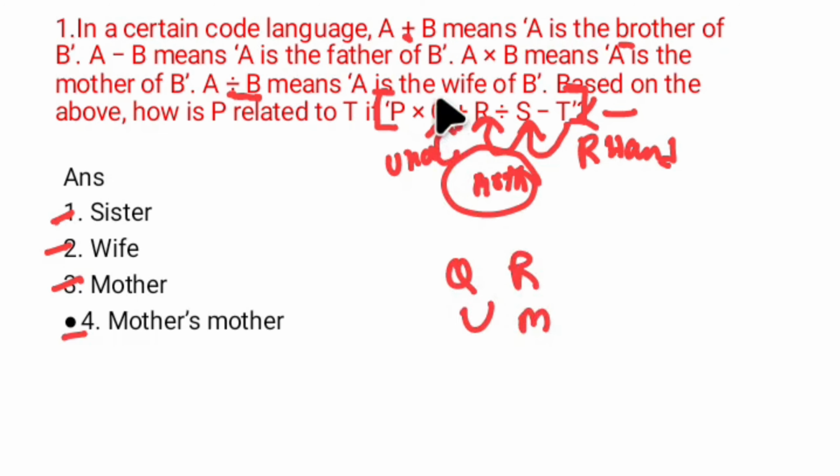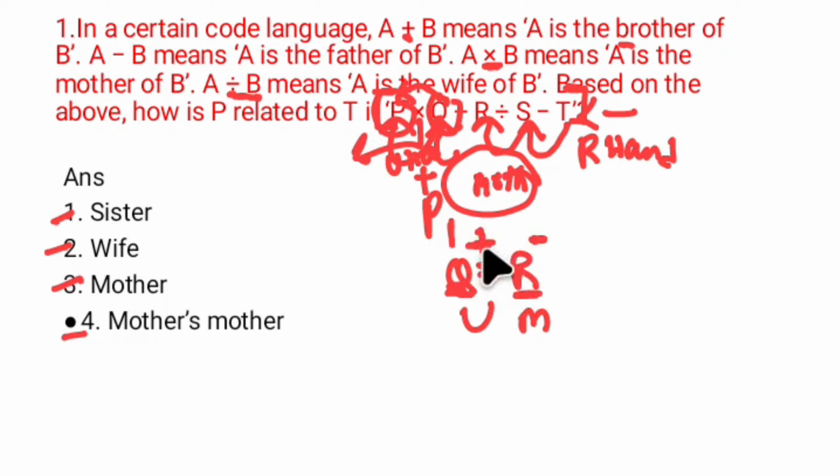And if you know the relationship between P and Q, you will get the relationship between T and P as well. Q is uncle and R is mother. And coming to P, the relationship between P and Q, the multiplication. What does multiplication indicate here? Multiplication means mother. So P is the mother of Q. So these two are siblings, R is the daughter and Q is the son.